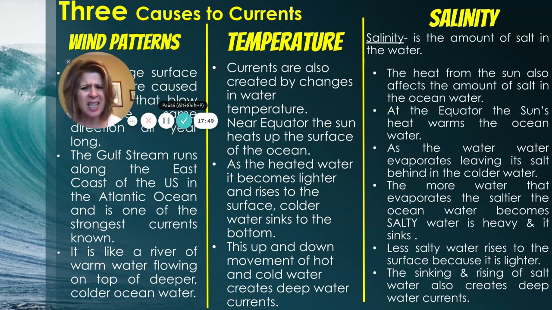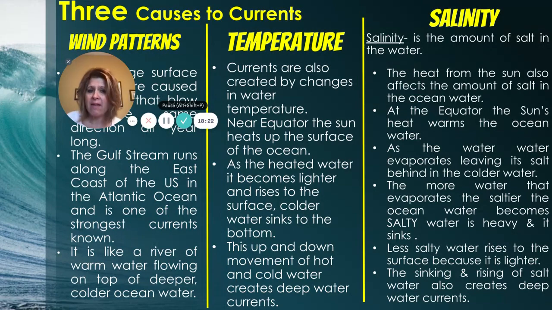But how does salinity affect our currents? The heat from the sun also affects the amount of salt in the ocean water. At the equator, the sun heats the ocean water. As that warm water evaporates, it leaves the salt behind in the colder waters. The more water that evaporates, the saltier the ocean water becomes.